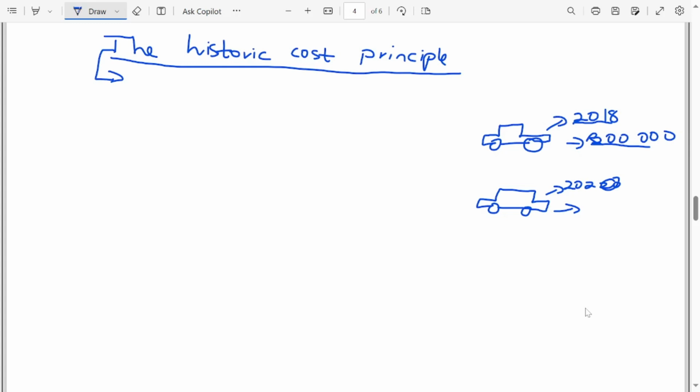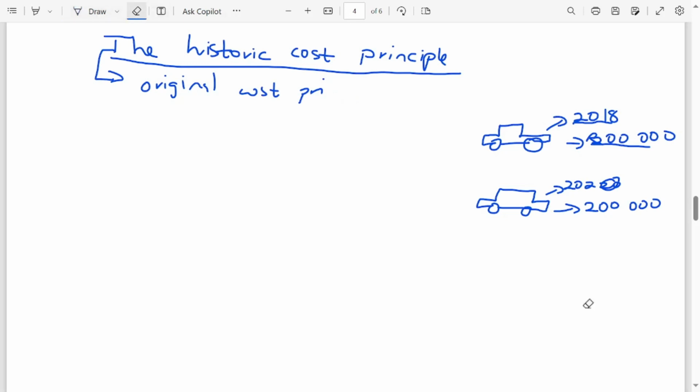We know that it has lost its value, but it must always be recorded at the original cost price. That is what the historic cost concept is saying.